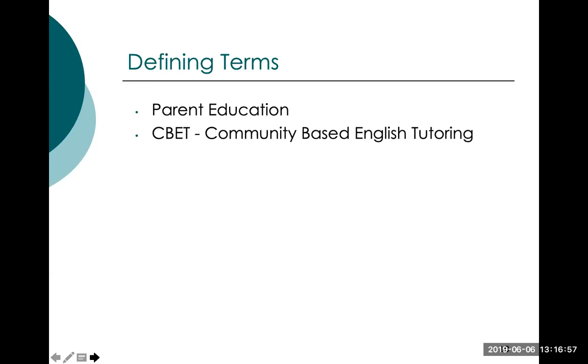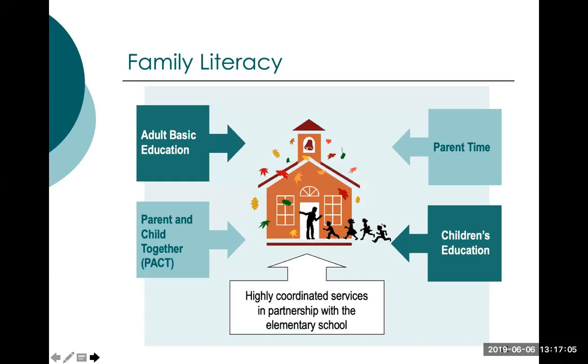The next term is family literacy, and the federal definition of family literacy is the coordination of these four components. And if you could please allow me to give you a quick example of a STEM school: science, technology, engineering, and math.